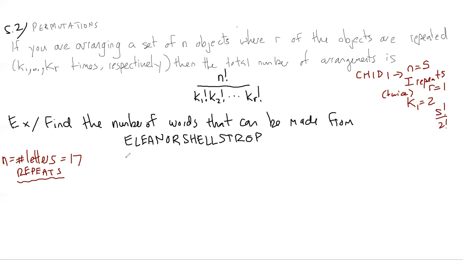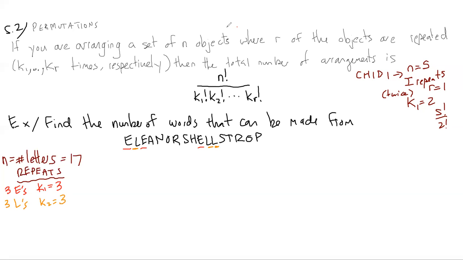So I'll just use different colors. I've got 1, 2, 3 E's. So I'm going to call this K1 is 3. I definitely have more here. I've got 3 L's. So K2 is also 3.